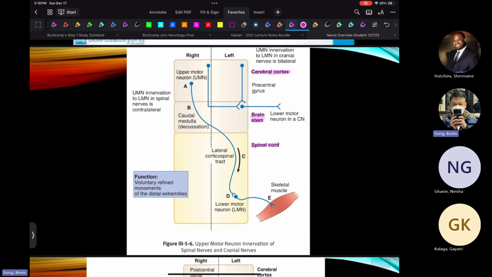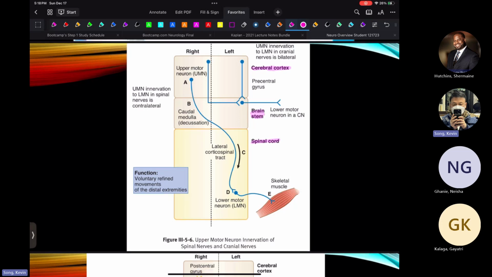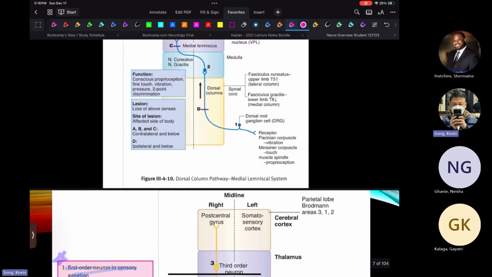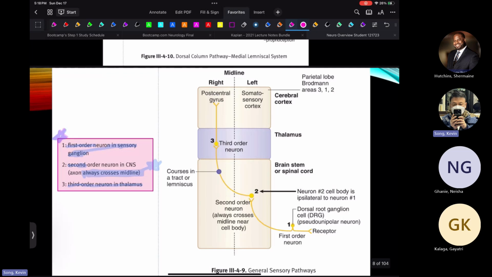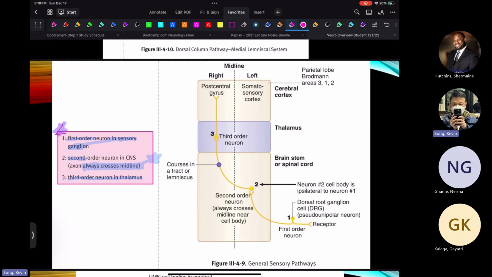I think this page is good. Right here, this one is important, so I marked it down. Sensory, three neuron; motor, two neuron.